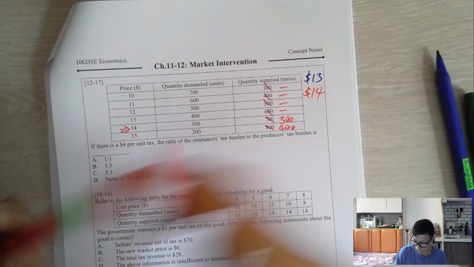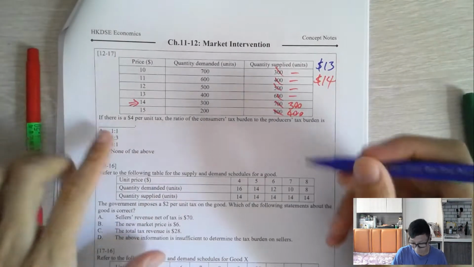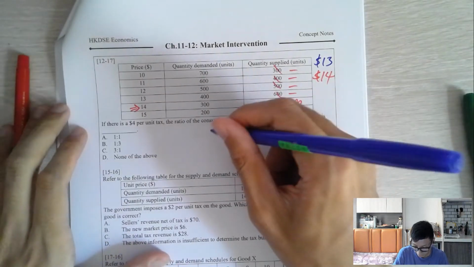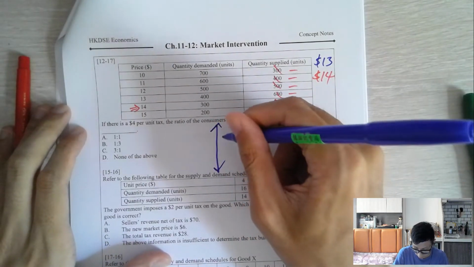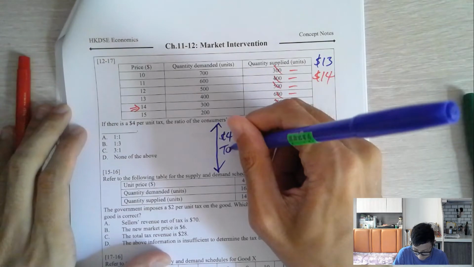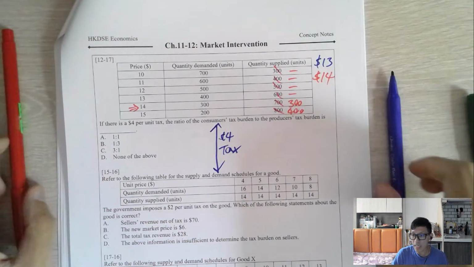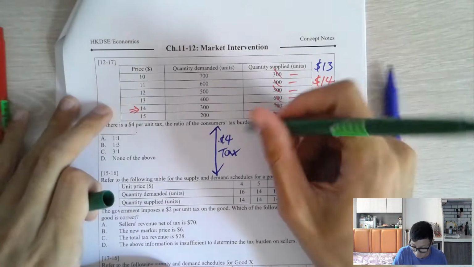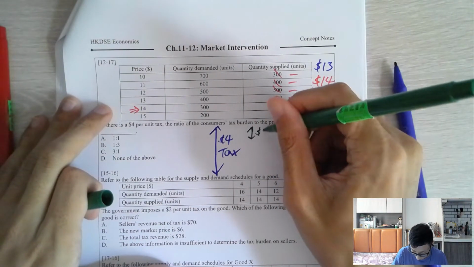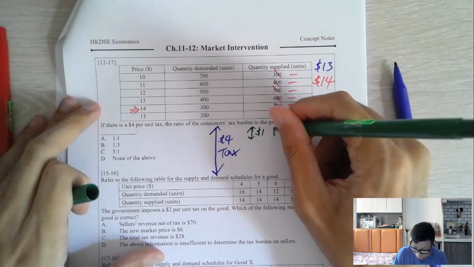Okay, now think about it. 又嚟啦噃。This is a $4 per unit tax. So this is a 4 tax. Somehow it only led to $1 increase in price.